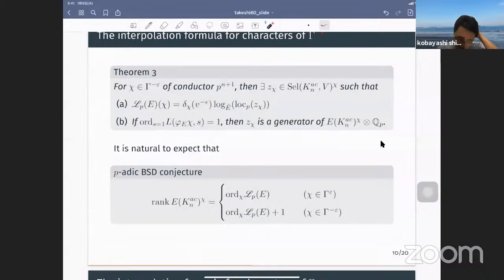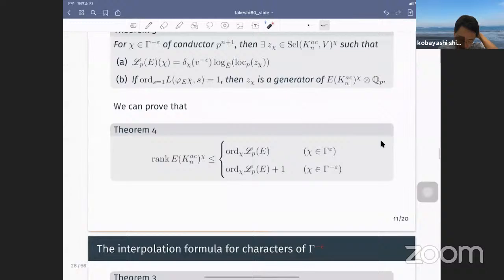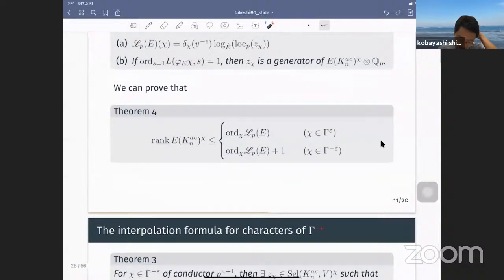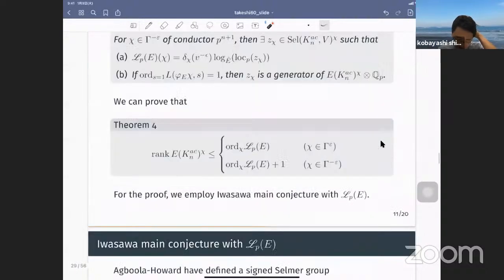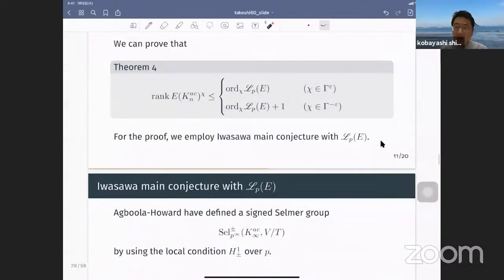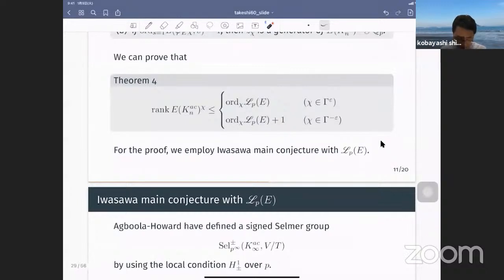And we can prove the inequality by using the Iwasawa main conjecture in terms of Rubin's p-adic function. This is a classical analog of the p-adic BSD conjecture by Kato. And I now state the Iwasawa main conjecture in terms of Rubin's p-adic function.